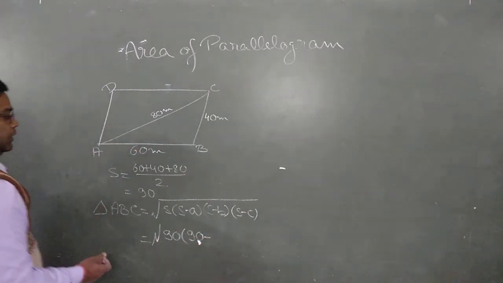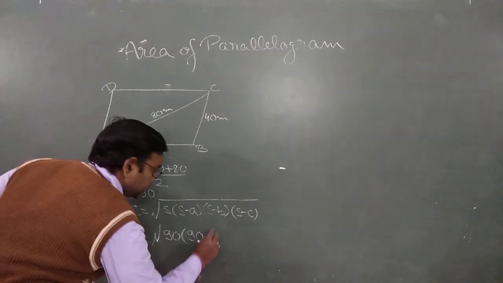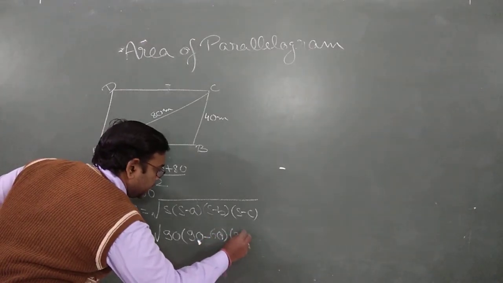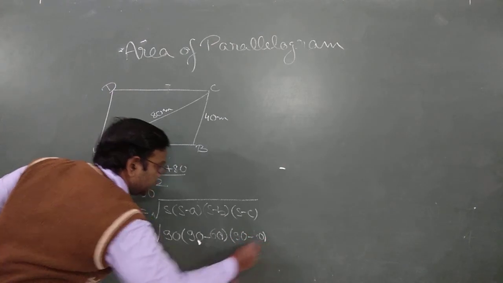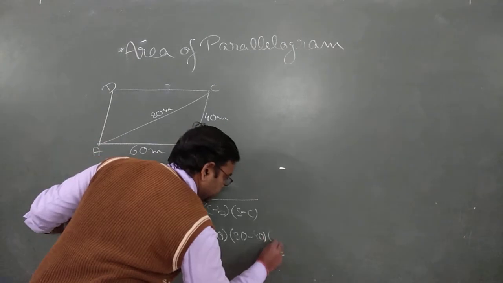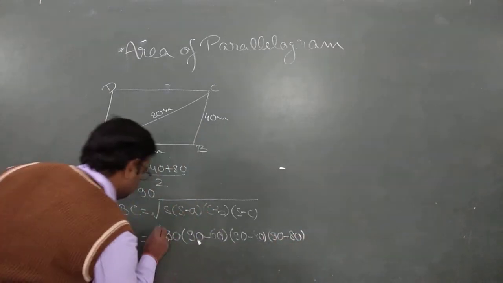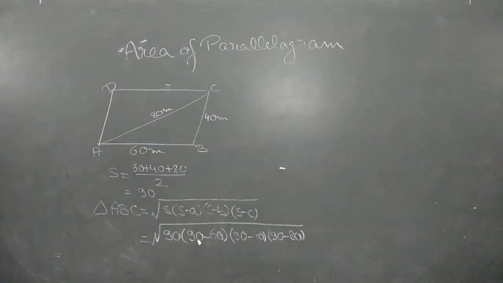So what is a? This one is a, b, c. So one of the sides is 60, one of the sides 40 and 80. So 90 minus 60, 90 minus 40 and 90 minus 80.